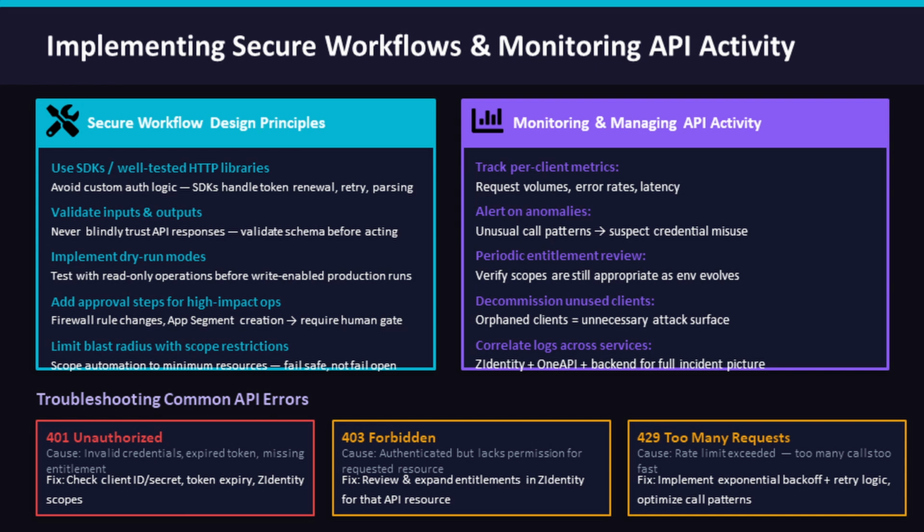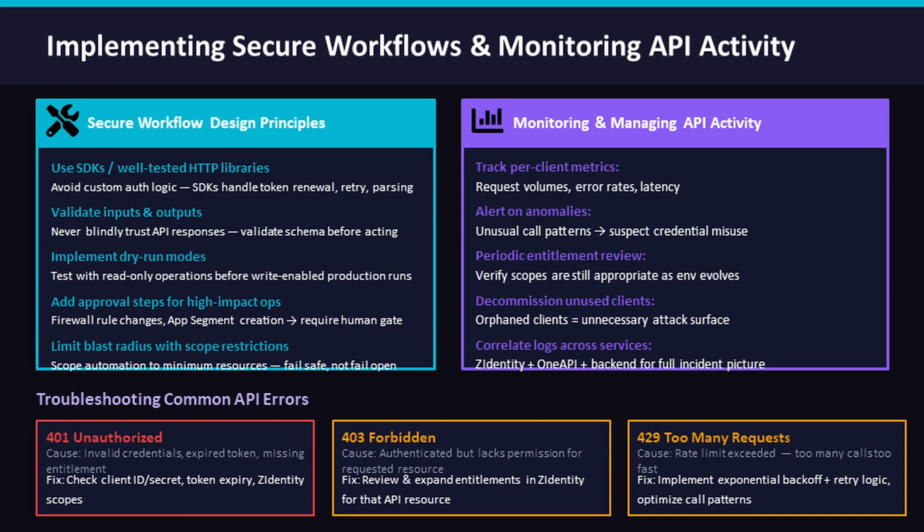For monitoring API activity, you should track request volumes, error rates, and latency per API client, not just aggregate traffic. Set alerts on anomalous patterns, because a sudden spike in API calls from one client could indicate a runaway script or credential misuse. Conduct periodic entitlement reviews for all API clients.